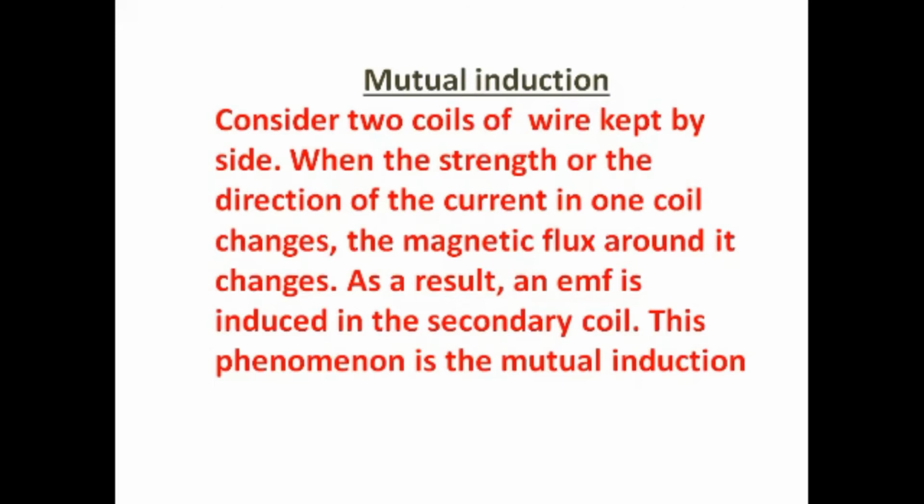When we give electrical energy to the primary coil, it becomes an electromagnet, and the continuous flow of that electricity changes the magnetic flux around that electromagnet. As a result, an EMF is induced in the secondary coil, and that induced EMF is an induction based on the primary coil. This phenomenon is mutual induction.